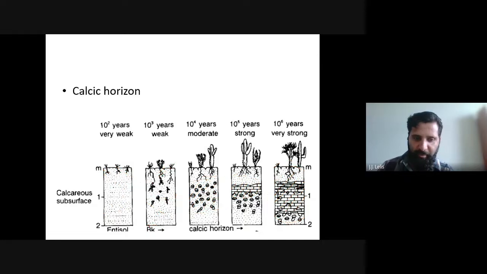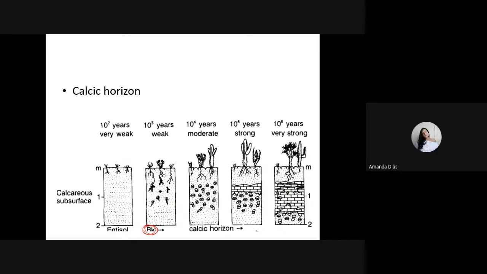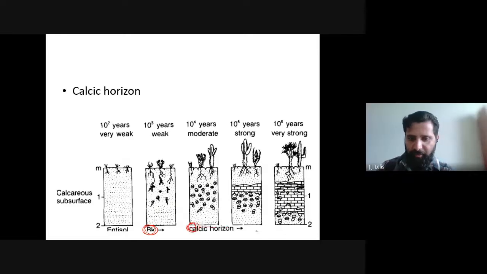Here it's just a B horizon with some mottles, okay? And from here to here, you already present the calcic horizon. But of course, here it's a calcic horizon that's formed only by concretions or nodules. Here we have both, and here we essentially find a cemented horizon.